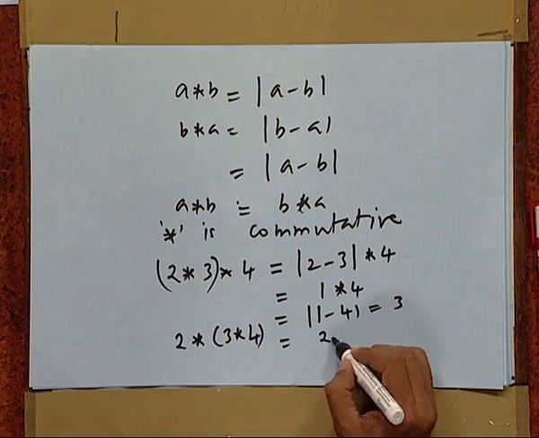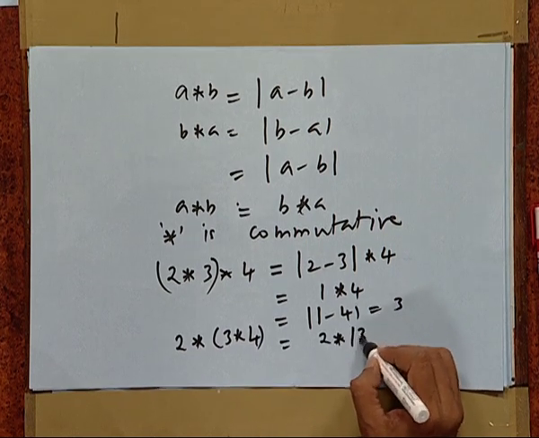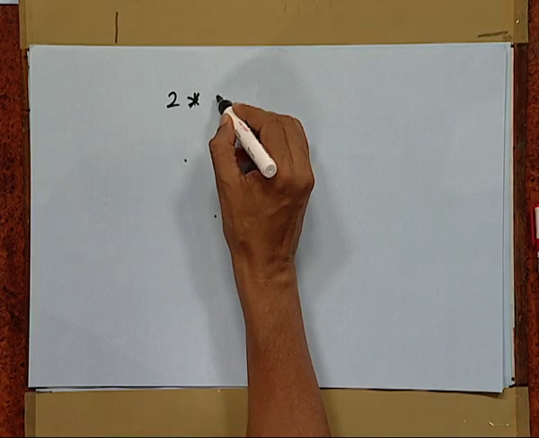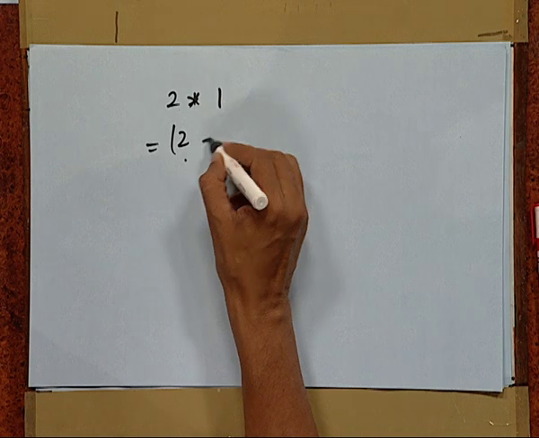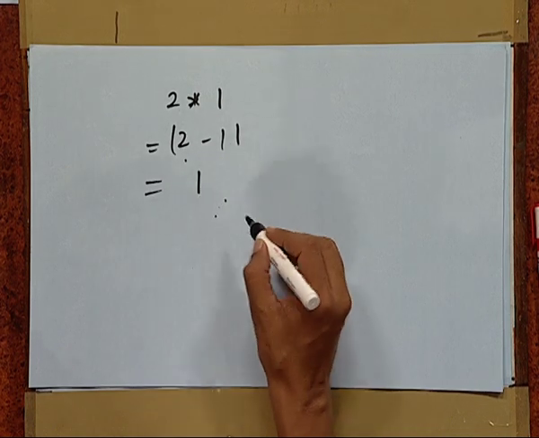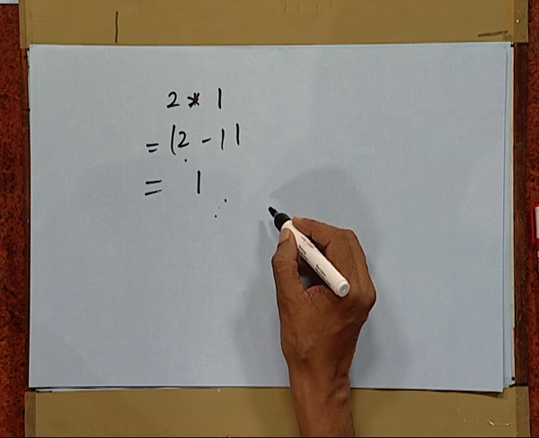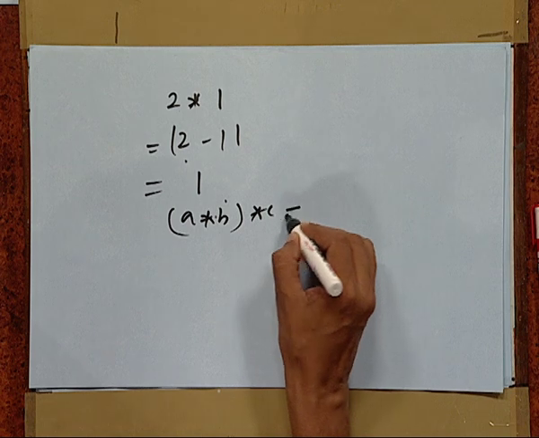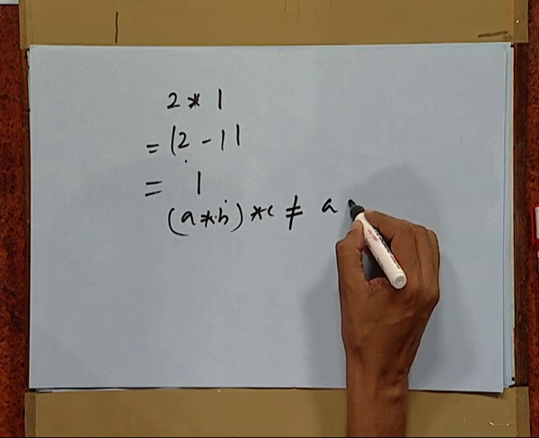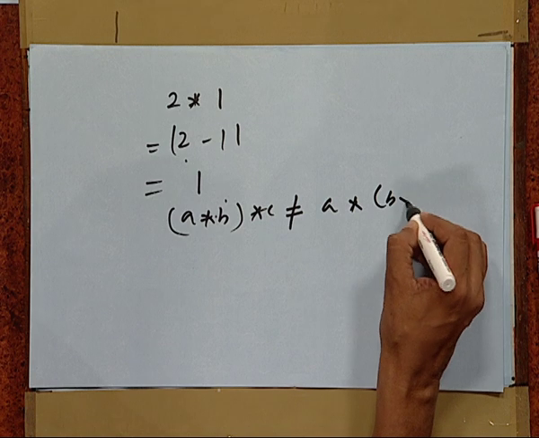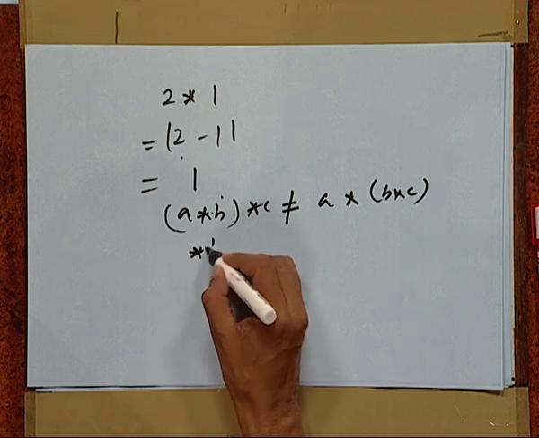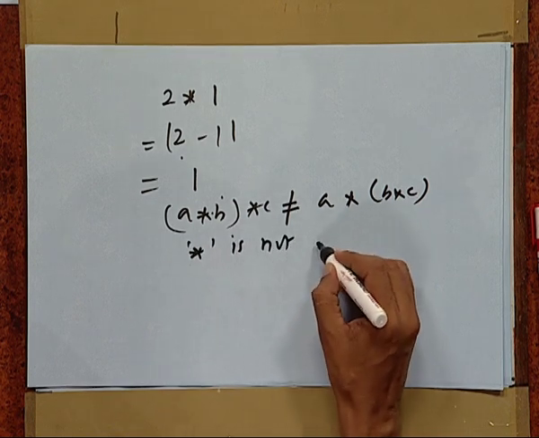This is 2 star mod 3 minus 4. So, this equals 2 star 1, that is mod 2 minus 1 equal to 1. Thus, the answers are different. So, (A star B) star C is not equal to A star (B star C) in this case. So, star is not associative.